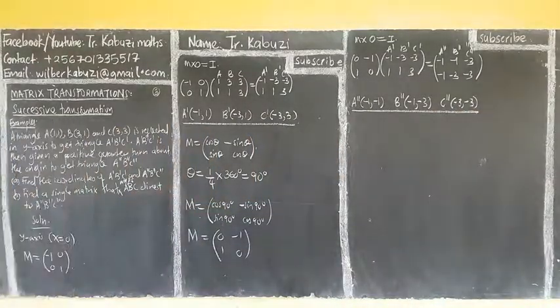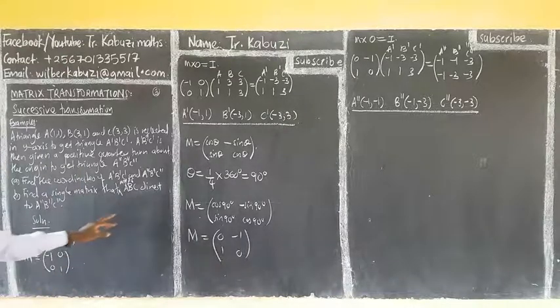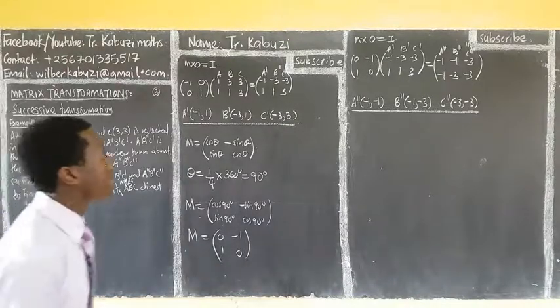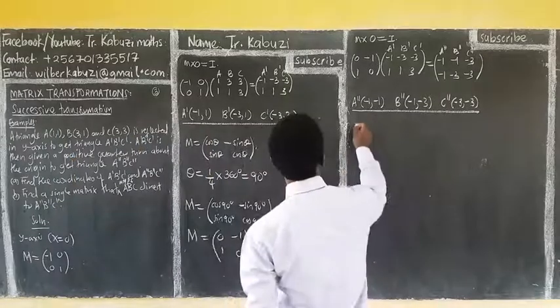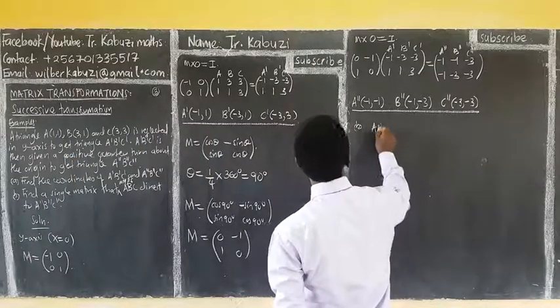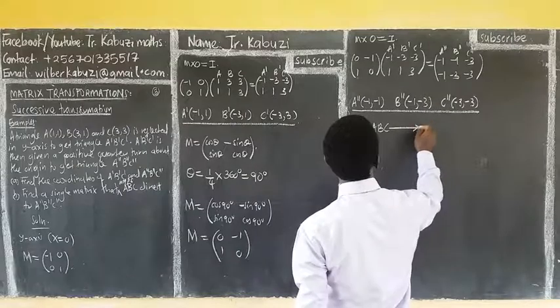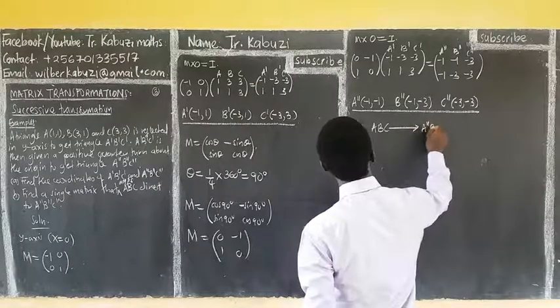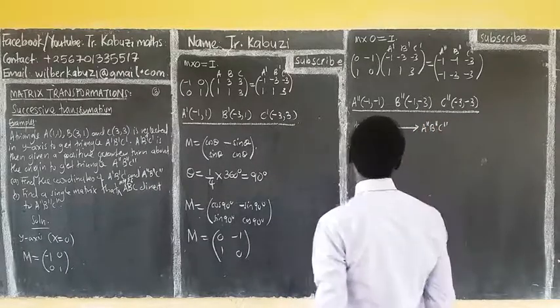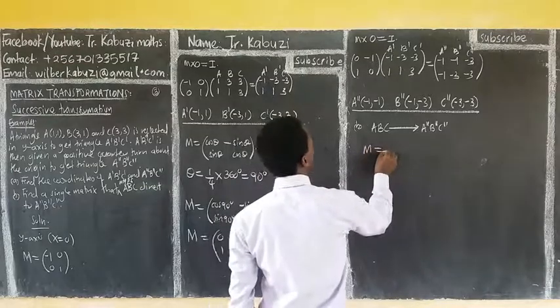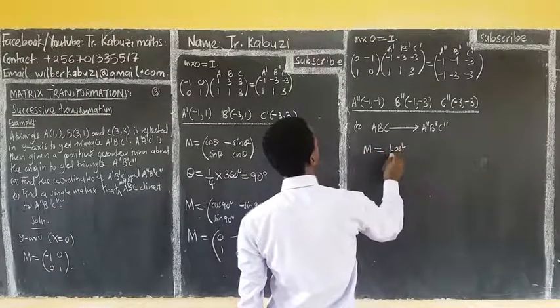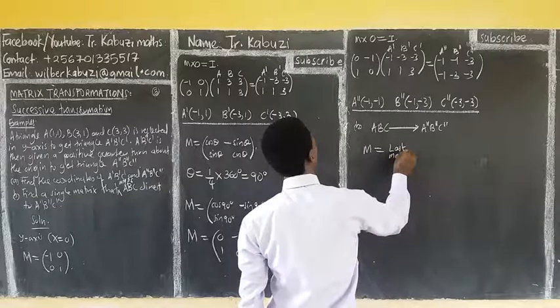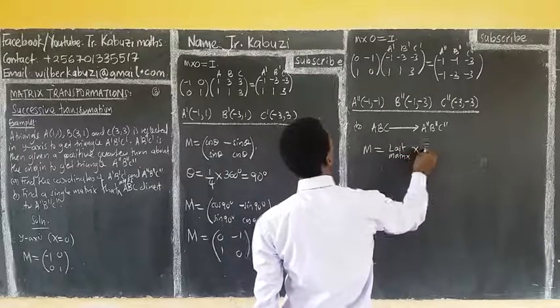Now, find a single matrix that maps ABC directly to A double prime, B double prime, C double prime. I want this matrix. We say that matrix is given by M, which is the last matrix times the first matrix.